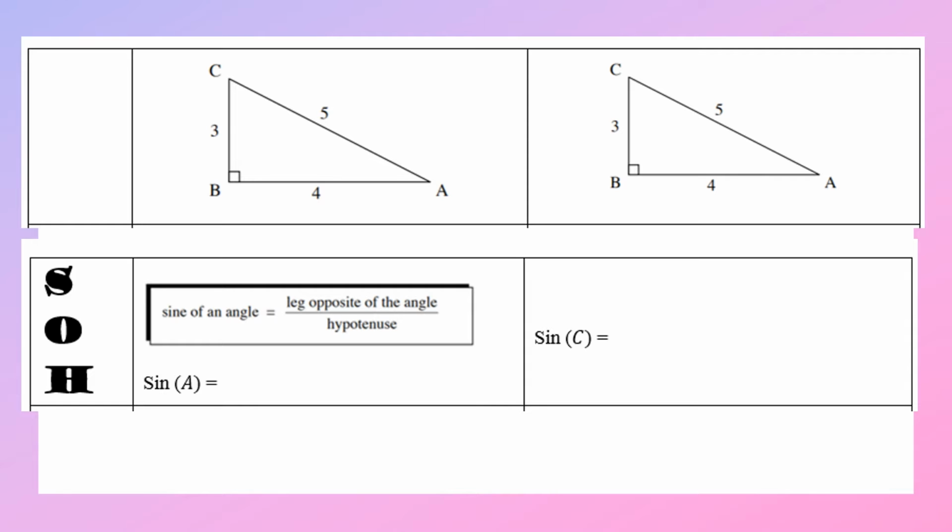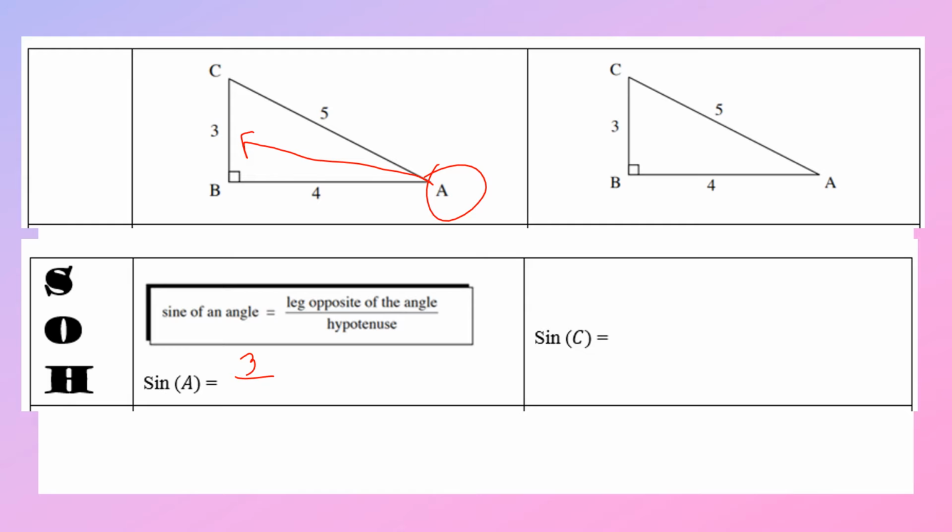Sine of an angle equals the leg opposite the angle over the hypotenuse. O stands for opposite, H stands for hypotenuse. We have angle A here. Opposite is across, so we have 3 for the top, and the hypotenuse is always your longest side.